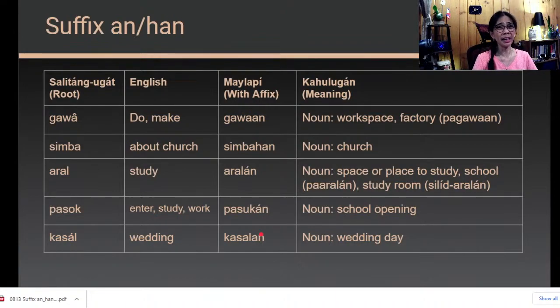Now, another thing, if you're referring to the door, pasukan, that space behind you, Bruce, that is something that the cat, pasukan ng pusa. The cat will get in that way.